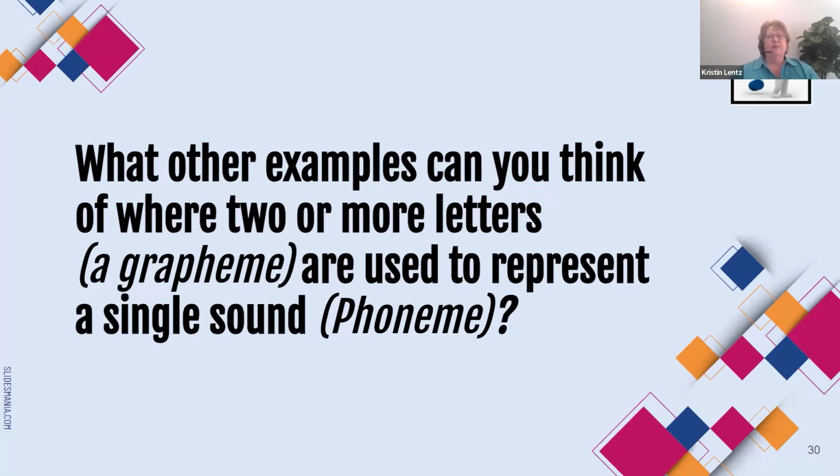So take a moment and think, what are some other examples of letters, two or more letters, which represent a grapheme, which represent a single sound? So we already talked about digraphs, where we had two letters that made one sound. What are some other examples where two or more letters represent a single sound?